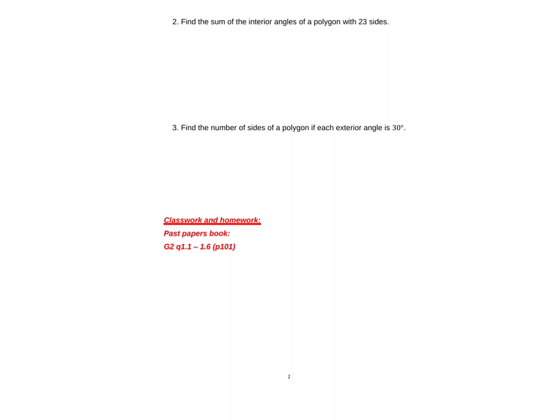Then they want us to find the sum of the interior angles of a polygon with 23 sides. So they just want the sum. In other words, we're going to use the sum of the interior angles formula, 180 times n minus 2. It's just the easiest one for me to use, less fuss.